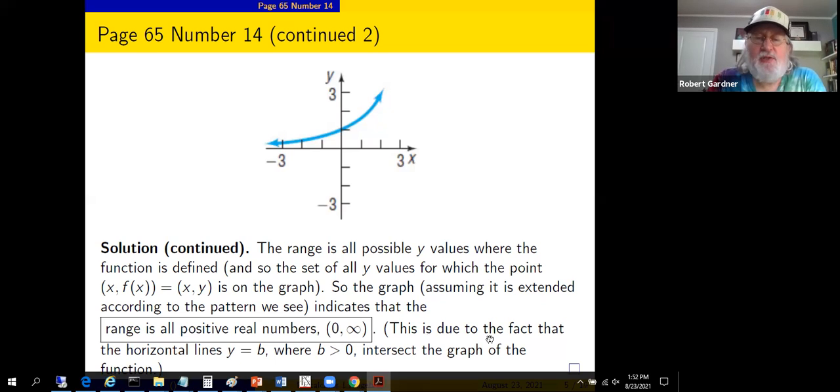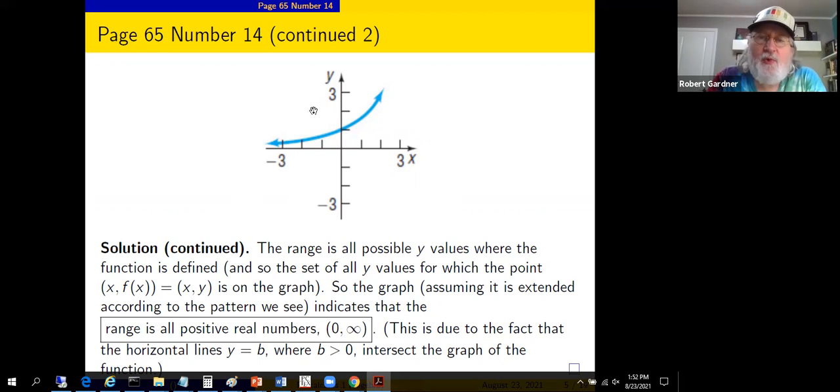And I describe this in terms of looking at horizontal lines. Right? We're trying to see, does this take on the value y equals b? Well, if I wanted to see if it takes on the value -3, I'd go to y equals -3 and look at that horizontal line. Does this ever intersect the function? It does not. How about +3? No, let's do +2.